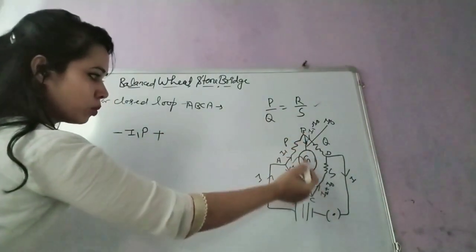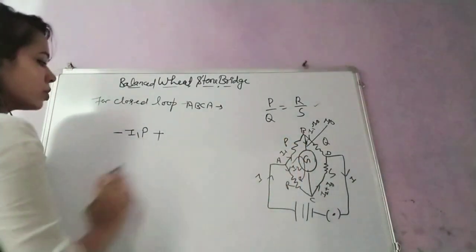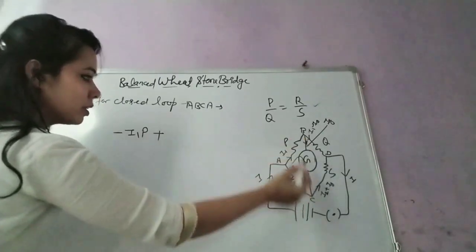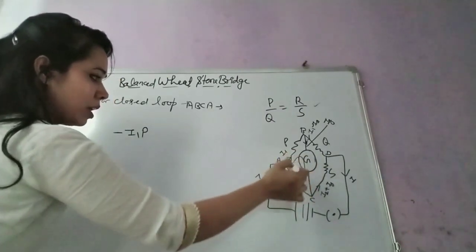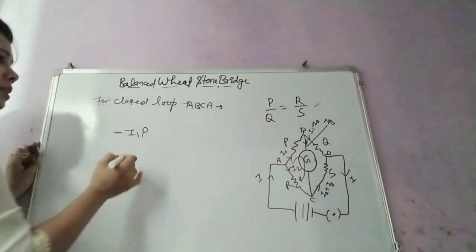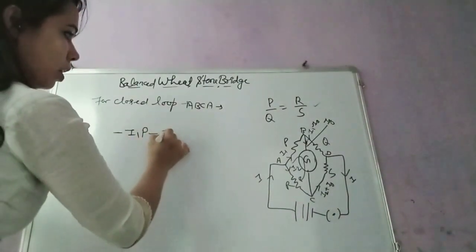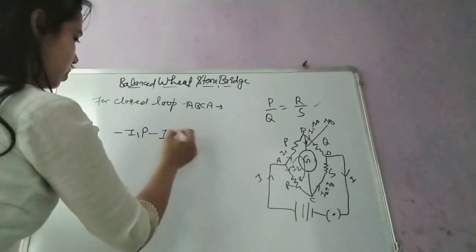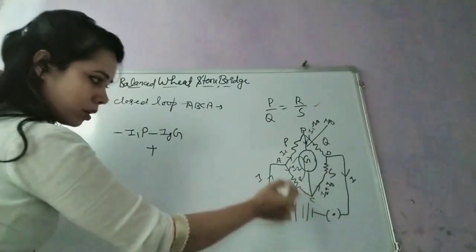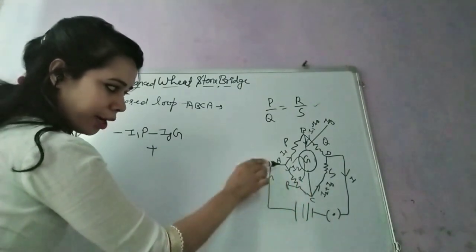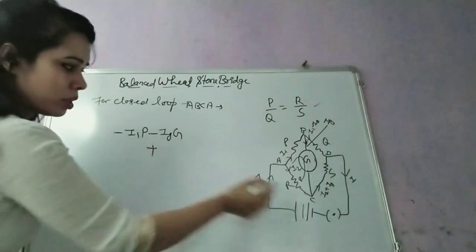current through this is Ig and the resistance of the galvanometer, consider it as G. Since the direction of path and current are both in the same direction, I will write minus Ig into G. Now you are moving this side, the direction of current I2 is this and your path is in this direction, so you will take positive potential because there is gain in potential.